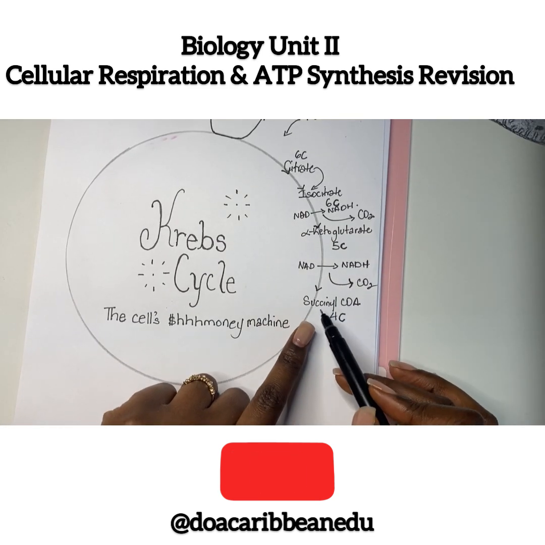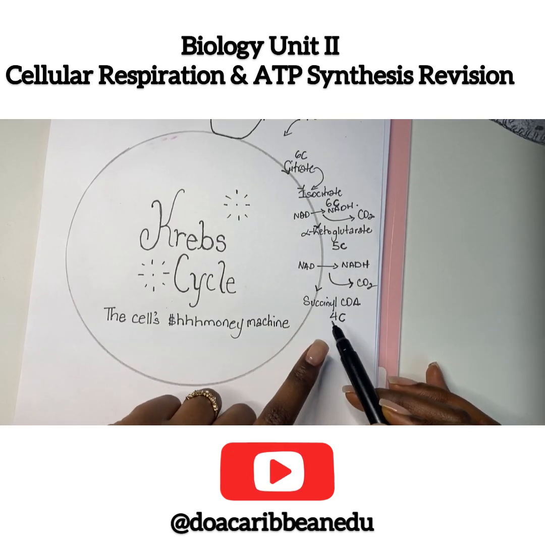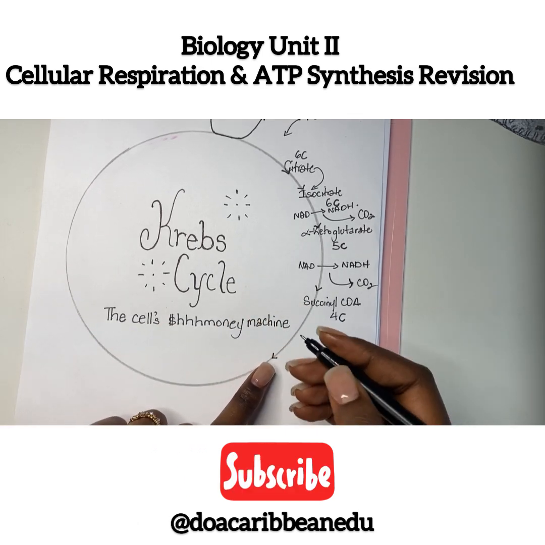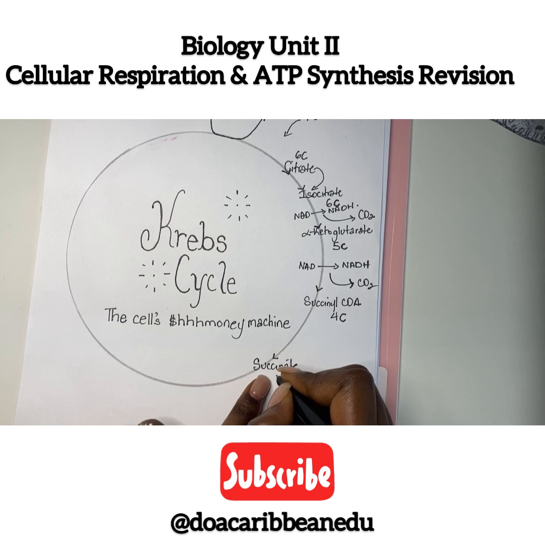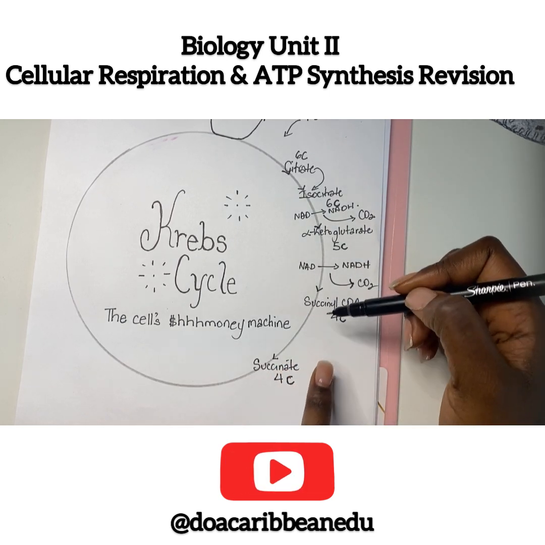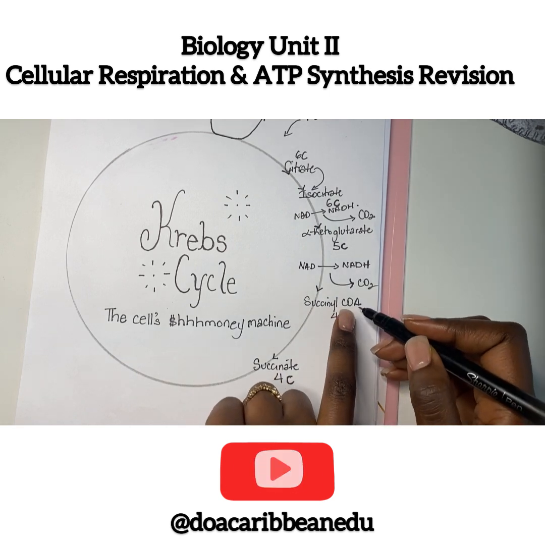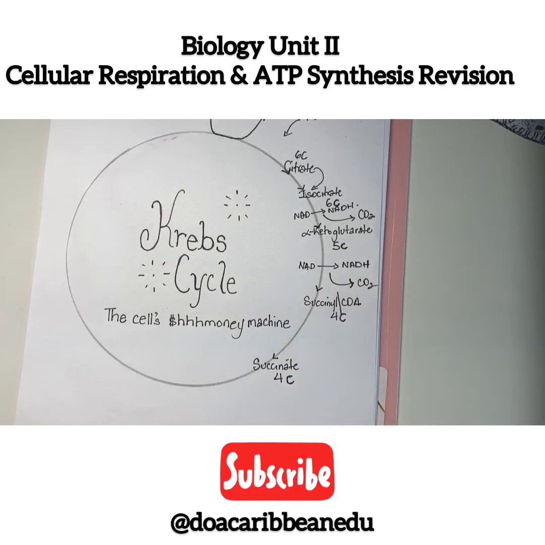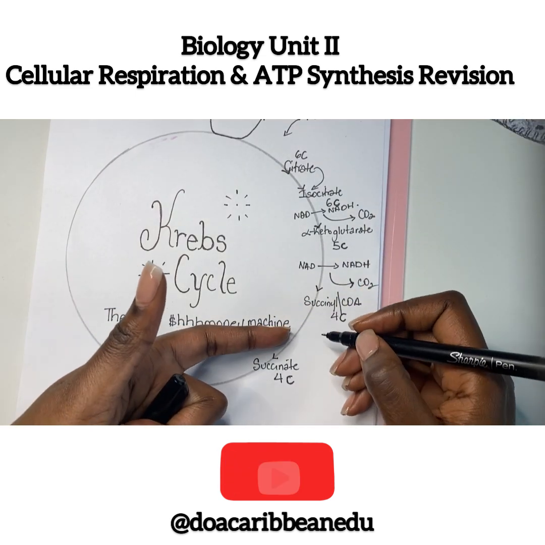So this succinyl coenzyme A 4-carbon molecule will be transformed to succinate, which is still 4 carbons. However, as you can see, the coenzyme is removed, right? It's cleaved. Here, phosphorylation occurs.